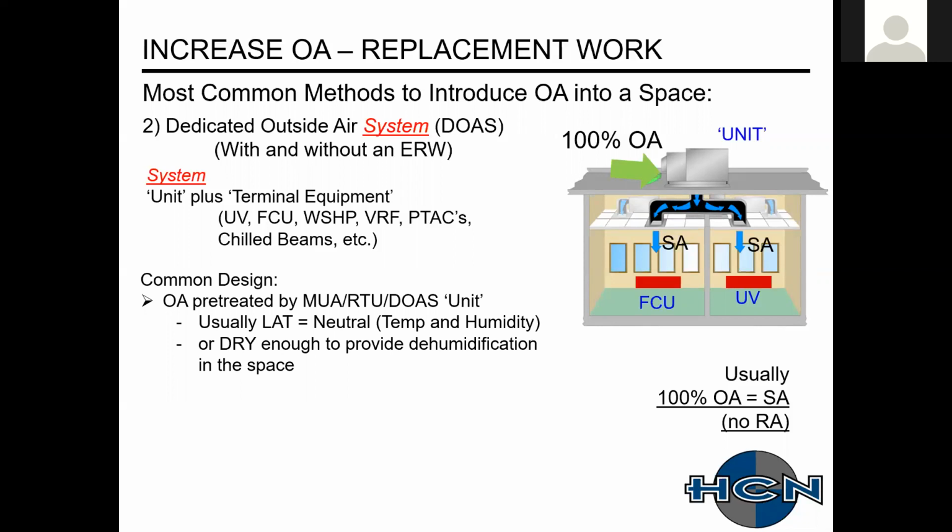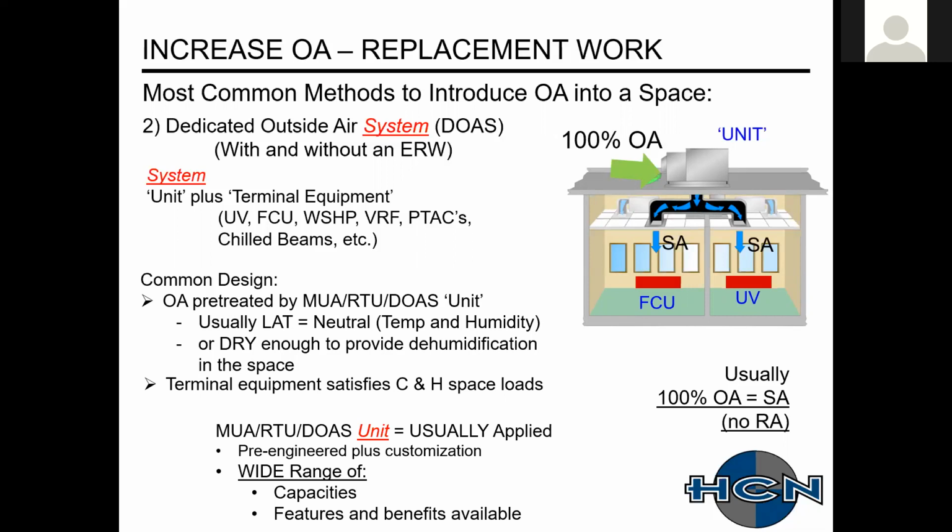And then another option would be to lower your leaving air temperature, where the air then becomes dry enough to provide dehumidification in the space, all right? And then along with the outside air, you have your air terminal equipment. Your terminal equipment typically is designed to satisfy the cooling and heating space loads. This DOAS system has decoupled the outside air versus your terminal equipment, all right?